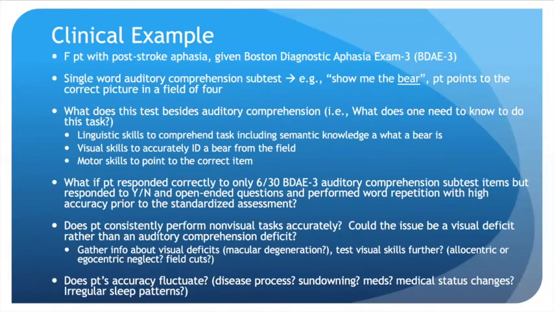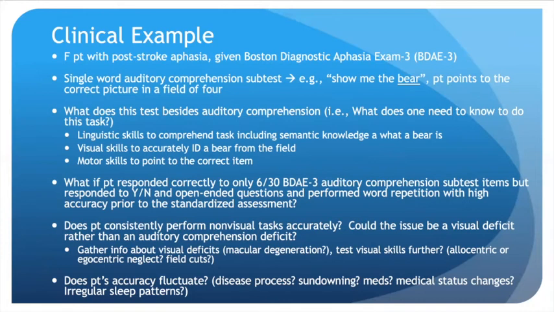Here's an example. A female patient with post-stroke aphasia was given the Boston Diagnostic Aphasia Exam 3, the BDAE-3. The single word auditory comprehension subtest has certain stimuli, such as show me the bear. The patient then points to the correct picture in a field of 4.